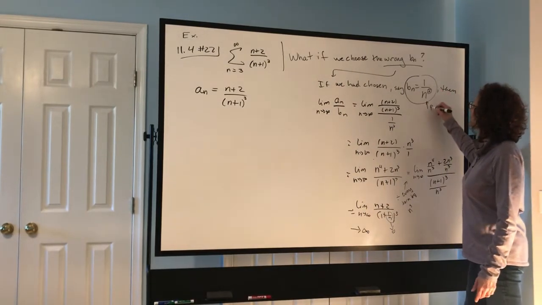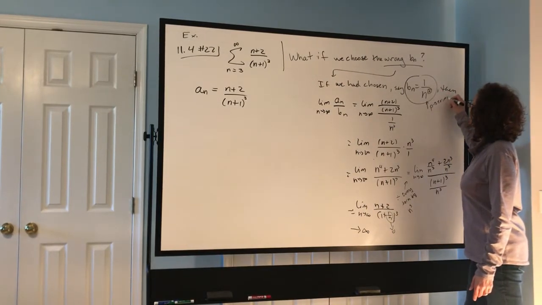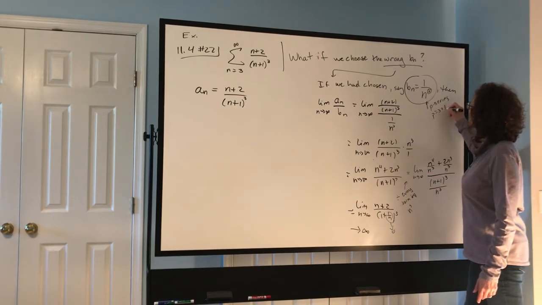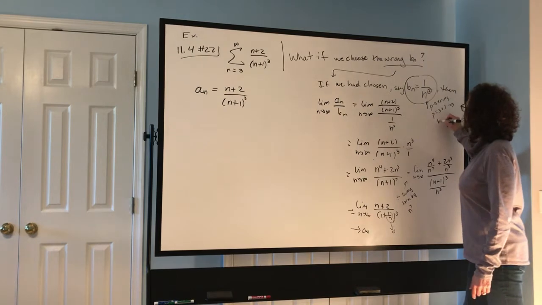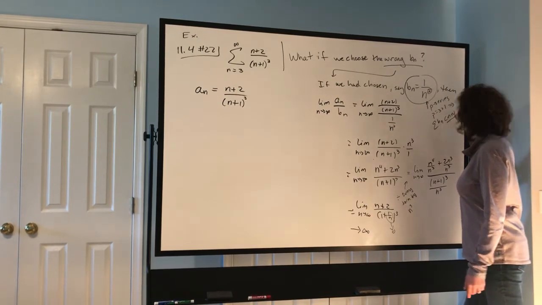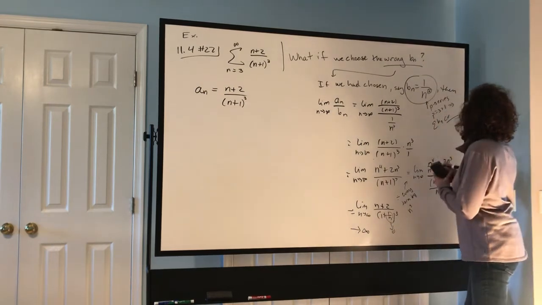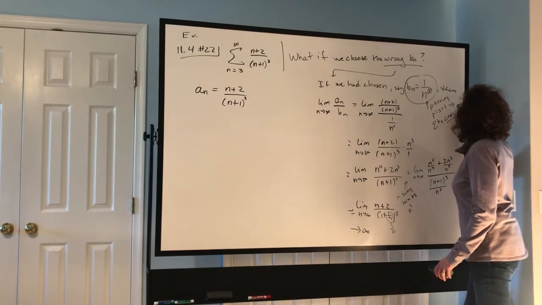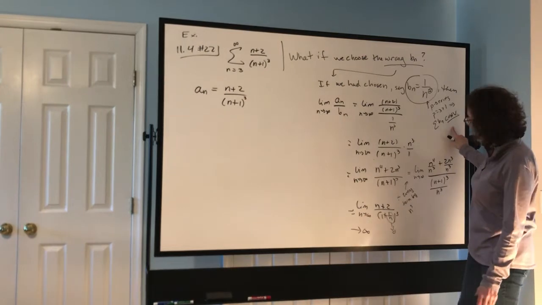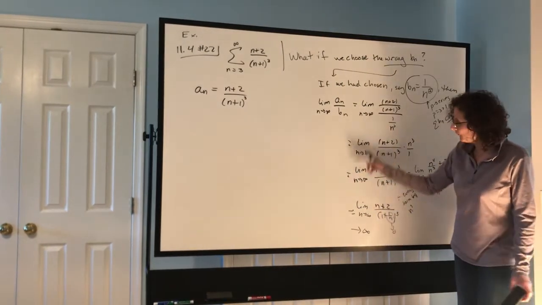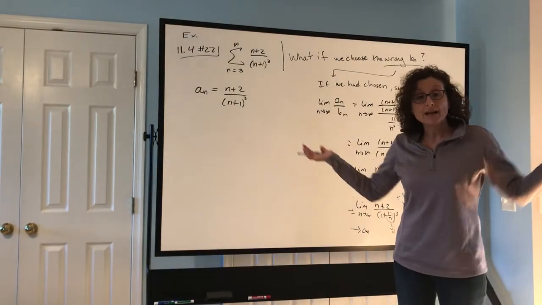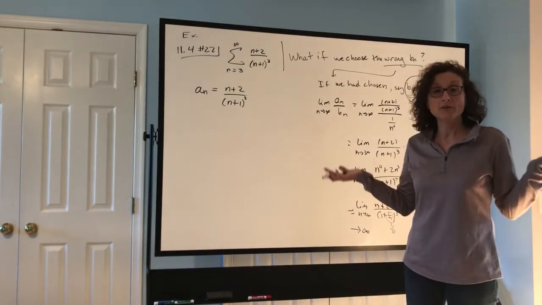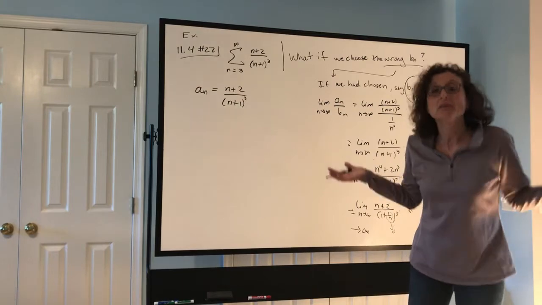What do we know about this guy? This is a P series. P equals 3, and 3 is bigger than 1, and therefore my BN series converges. My BN series would converge if I get a limit of infinity from my AN over BN and my BN converged. I just did a lot of fun calculus limit work for nothing, basically.